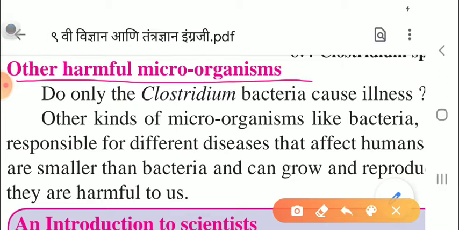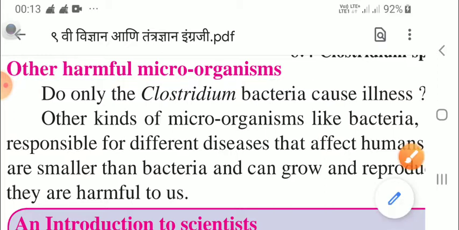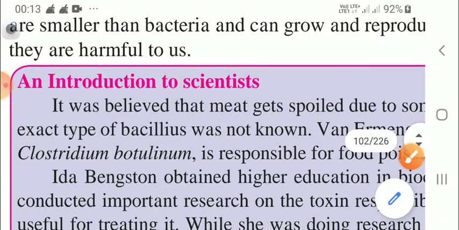Now we have seen about the viruses, which are smaller than bacteria and can grow and reproduce only in the living cell, and they are very harmful to us. So children, this chapter ends here because the rest of the portion is cancelled for you. So let me show you what is cancelled for you.